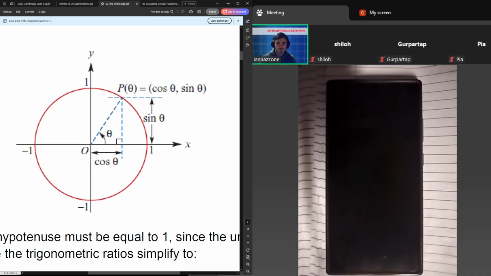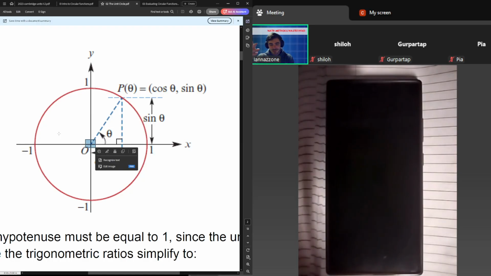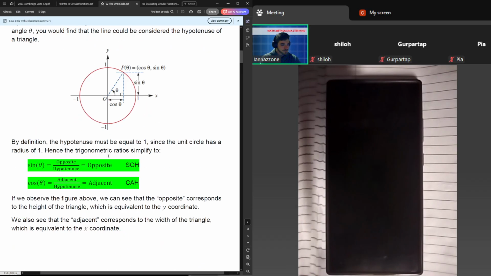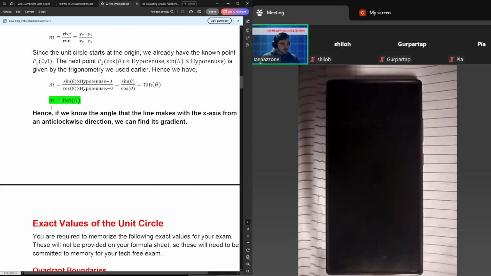So when you do y divided by x, you're doing your rise over run. And the reason that works is because your second point is always the origin. So it's like y2 minus 0 over x2 minus 0. Right? So it simplifies down to just y over x. And so for that reason, m is always going to be tan theta.